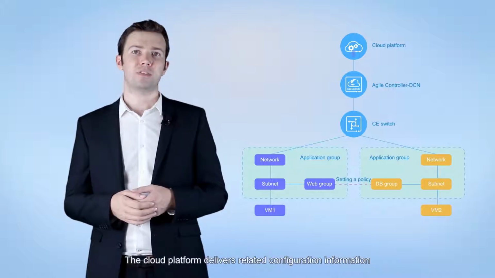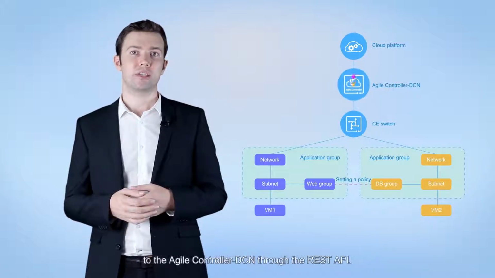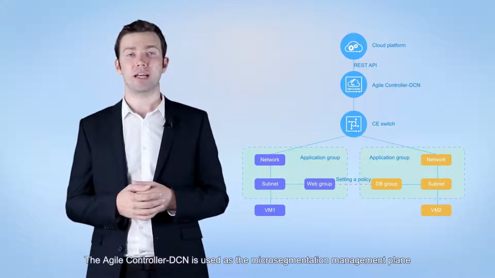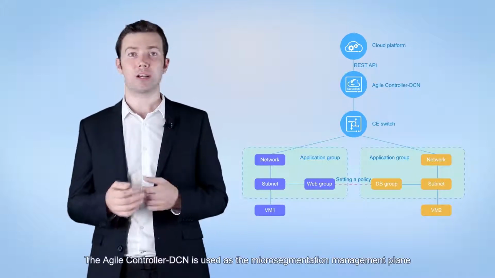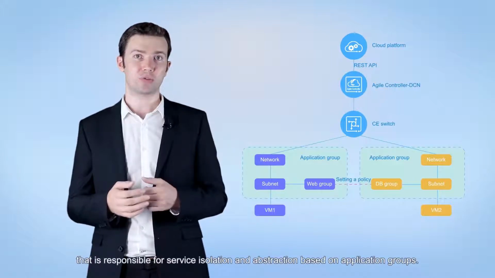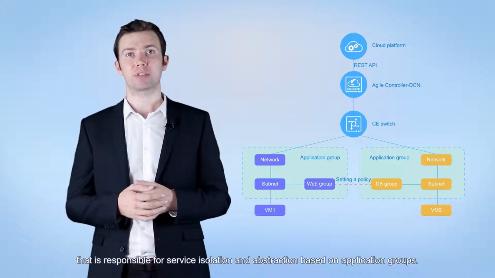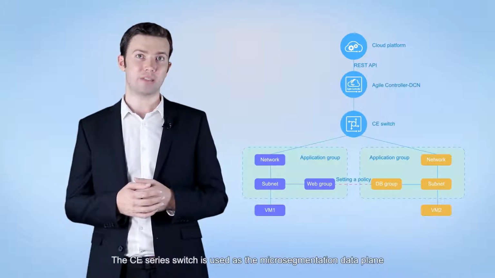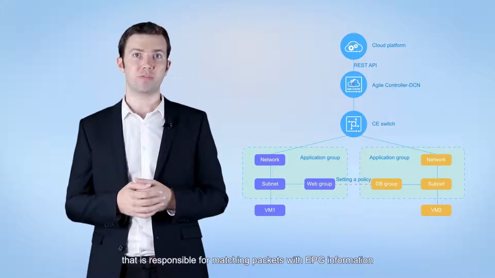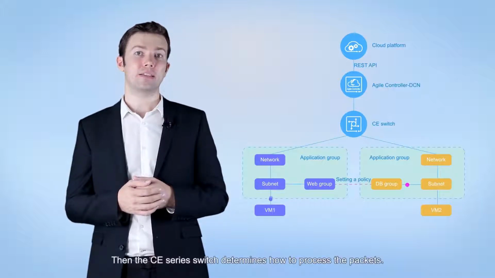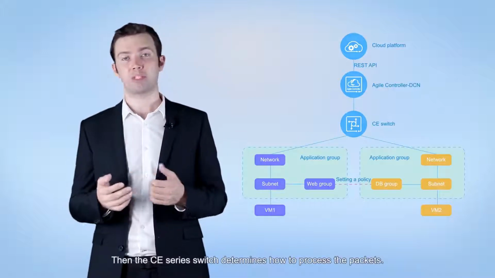The cloud platform delivers related configuration information to the Agile Controller DCN through the RESTful API. Second, the Agile Controller DCN is used as the microsegmentation management plane that is responsible for service isolation and abstraction based on application groups. Last, the CE series switch is used as the microsegmentation data plane that is responsible for matching packets with EPG information and GBPs delivered by the Agile Controller DCN. Then the CE series switch determines how to process the packets.